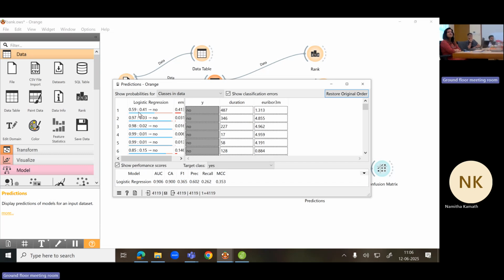Here, all the classifications which have happened are on the basis that anything above 0.5 is on the other side. So that's how the prediction has been made, based on a 0.5 cutoff.